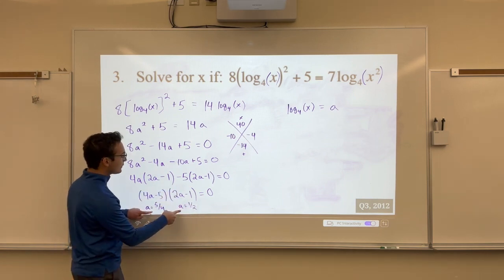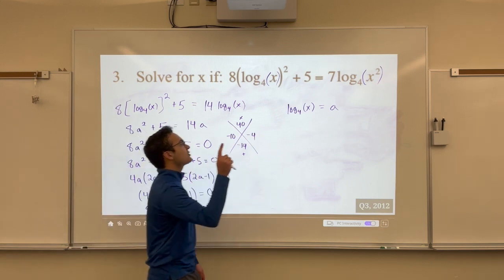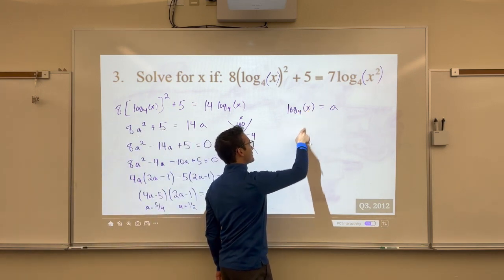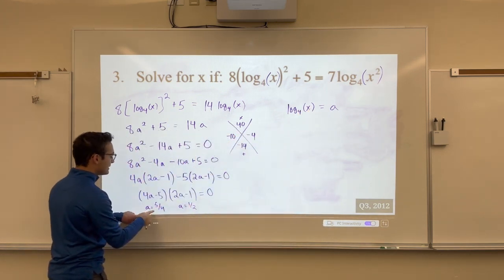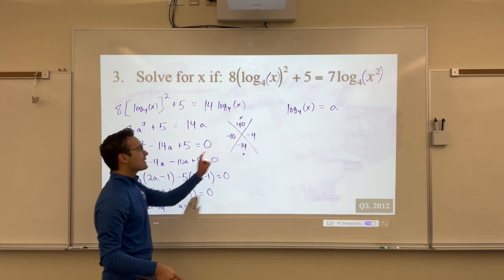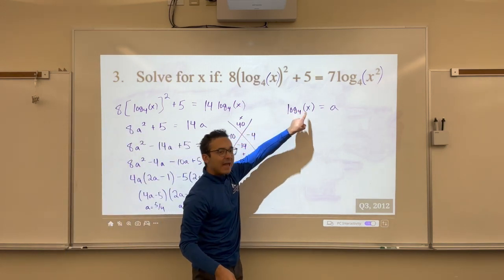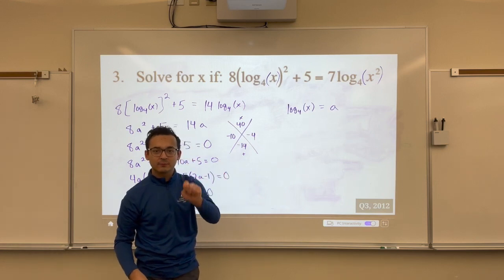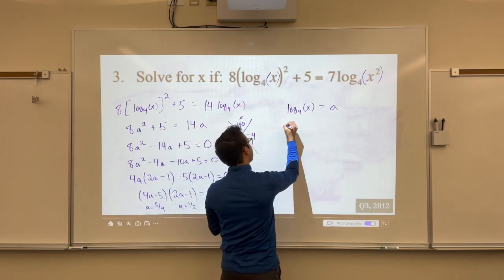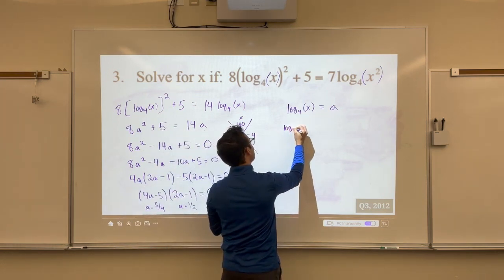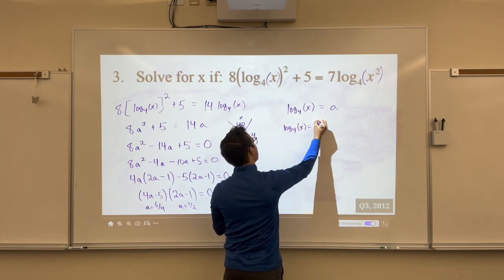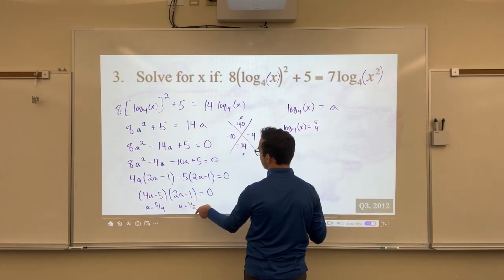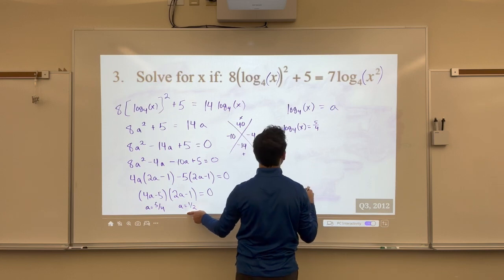Now that we've solved for the value of a, we can solve for the values of x. So instead of saying a is equal to 5 over 4, we can say that the log base 4 of x is equal to 5 over 4, and also that the log base 4 of x equals 1/2.